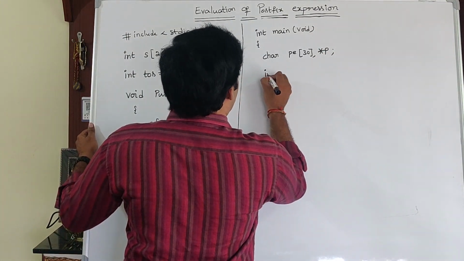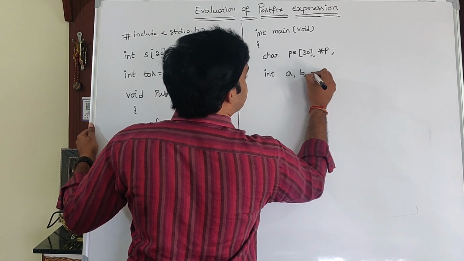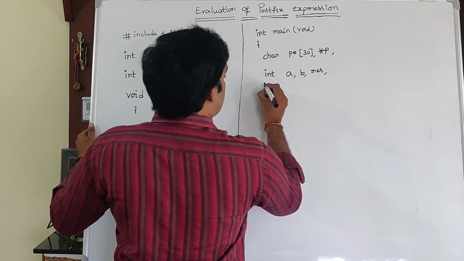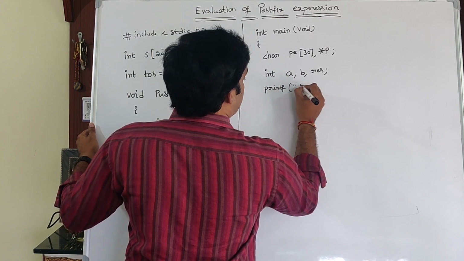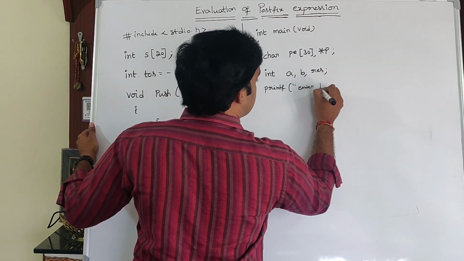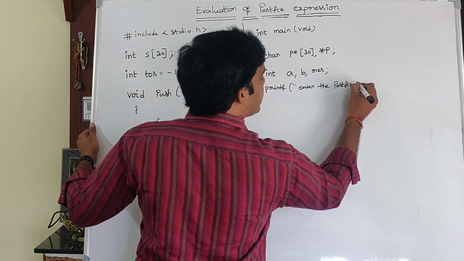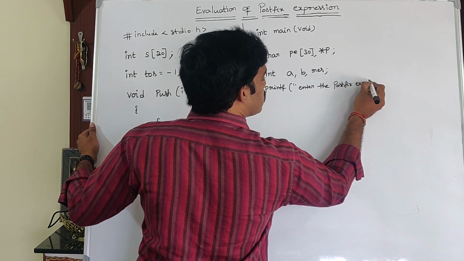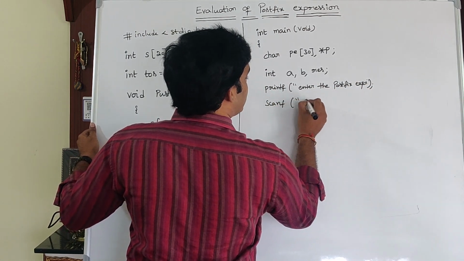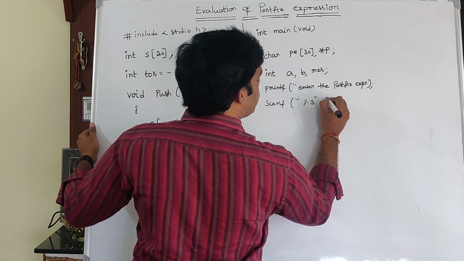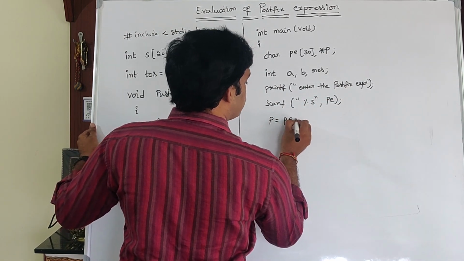Next, declare some local variables: int a, b, result. Next, we are asking the user to enter the expression. printf enter the postfix expression. scanf or gets, the choice is yours: scanf("%s", pe).